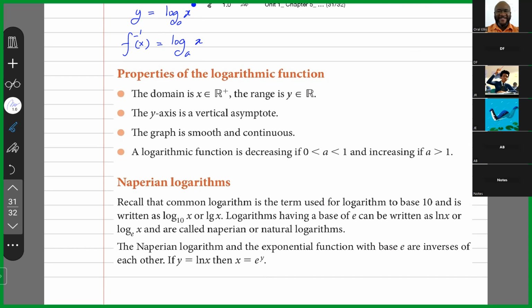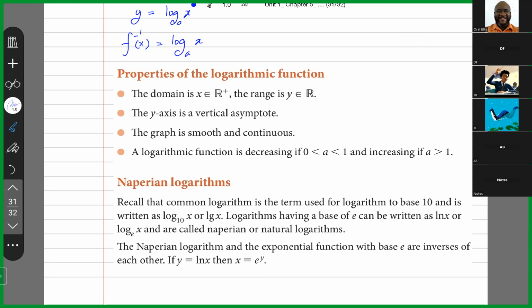Logarithm having a base of e can be written as ln x. So log to the base e of x can be written as ln x, and it is called a Neperian or natural logarithm. So log to the base 10 is called common logarithm, and log to the base e is called natural logarithm or Neperian logarithm.